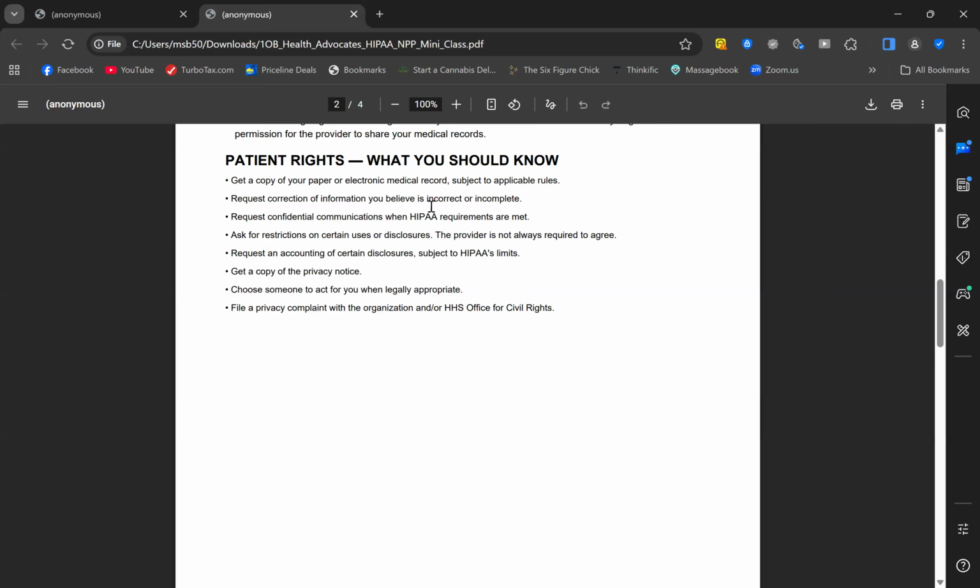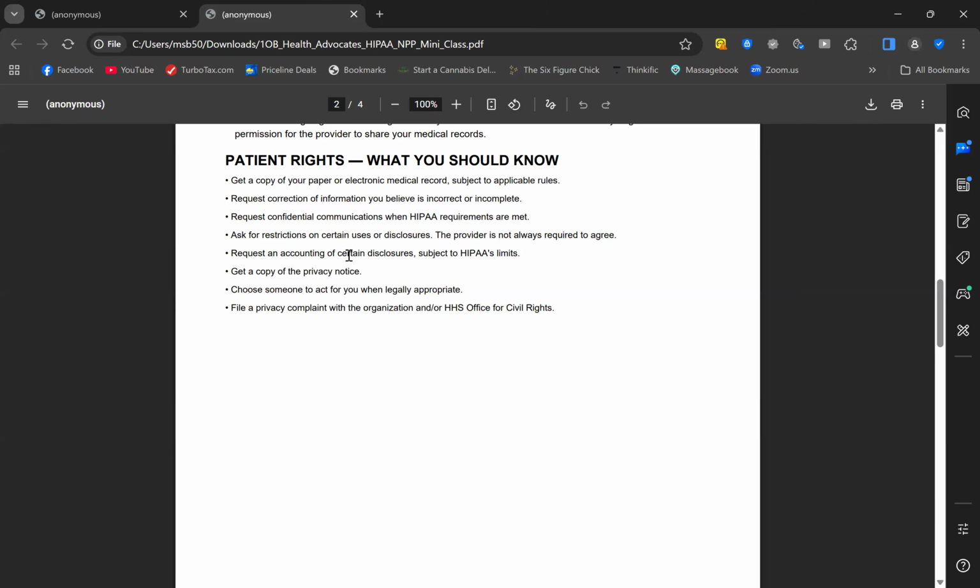Request correction of information you believe is incorrect or incomplete, or you're not understanding something that they put in your medical record and you disagree with it and you want to correct it. Request confidential communications when HIPAA requirements are met. Ask for restrictions on certain uses or disclosures. The provider is not always required to agree.